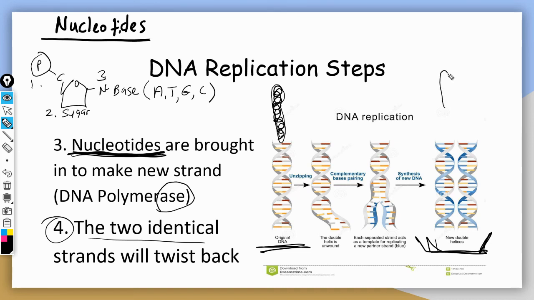And then after replication, we would get that characteristic X-shaped chromosome. Okay, so it's important to understand what's happening at the molecular level, shown here, and then also what's happening at the structural level that I just drew out in the form of chromosomes up at the top.